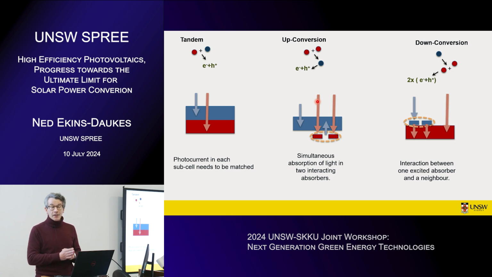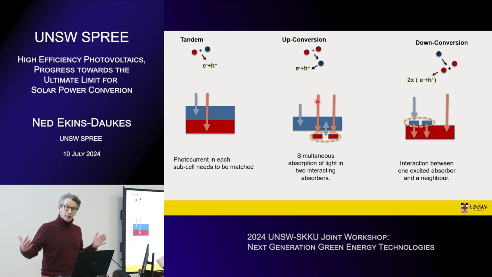And there aren't very many materials that absorb and emit light strongly that have lifetimes of milliseconds. So there's a bit of a challenge there with upconversion, because the photon flux that we get from the sun is relatively sparse. Photons don't arrive very often on the nanoscale.